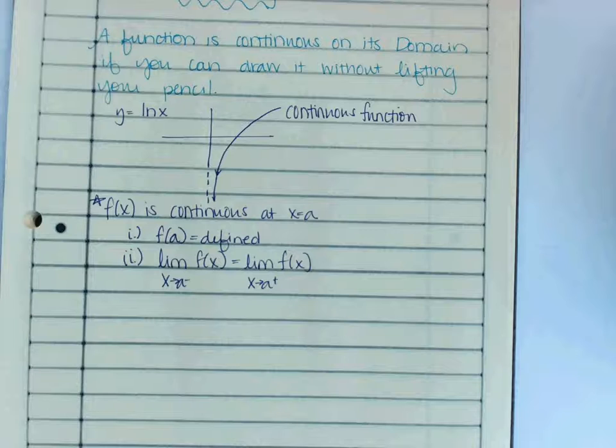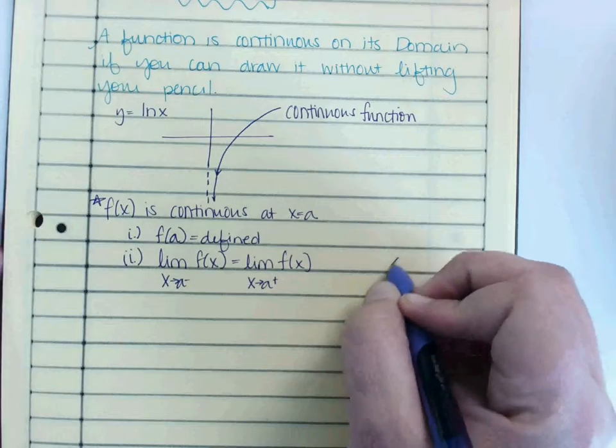Try to think in your mind of a graph, not a specific function, but what could it look like where you have a limit and it's defined, but it's not continuous? If it's a hole, good, because what if the hole's in a different spot? Then that's not continuous.